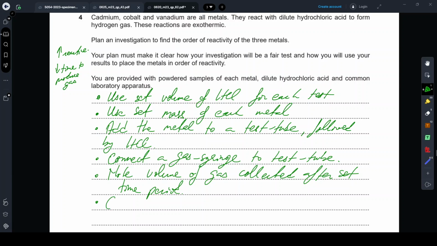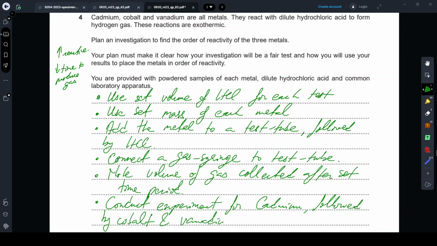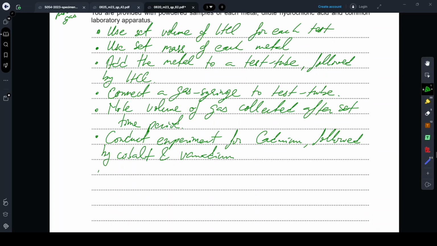So conduct the experiment first for cadmium, followed by cobalt and vanadium. And then you note the volume of gas collected after a set time period.